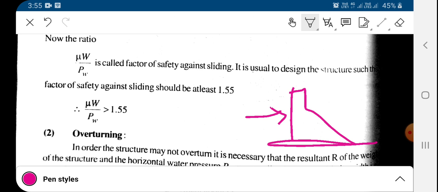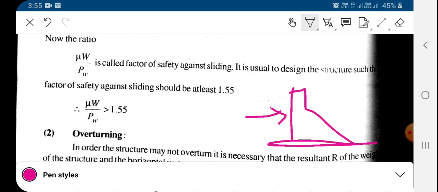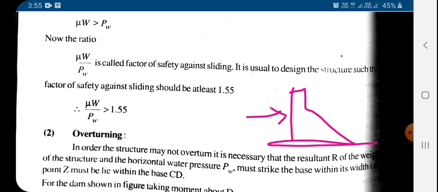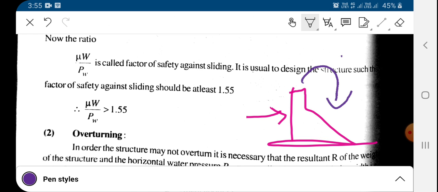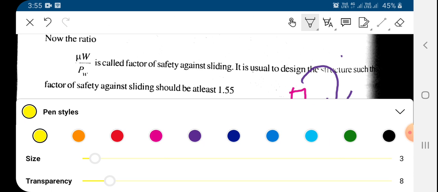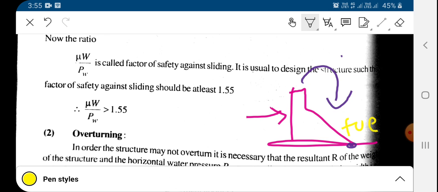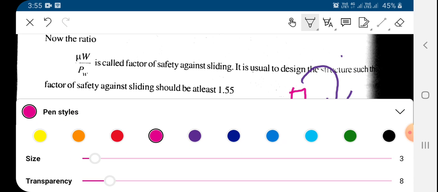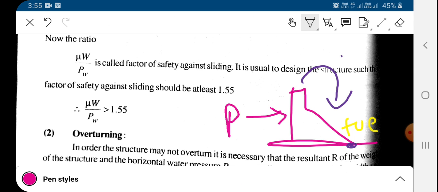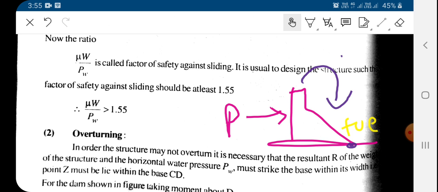This water pressure tries to overturn this dam about this point, and this point is known as the toe of the dam. Let's say this water pressure is P. This water pressure P tries to overturn the dam about this toe point, and that's why the dam may overturn. So we need to check the safety against this overturning.